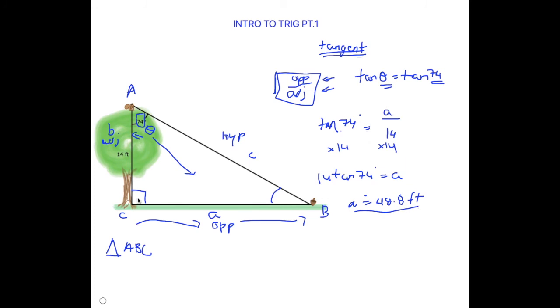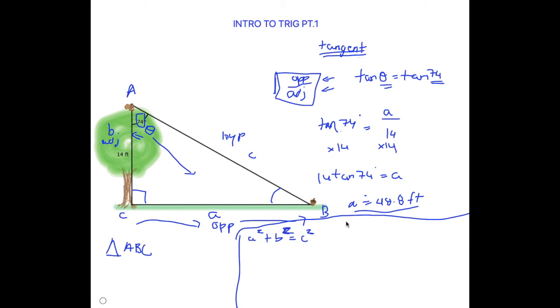If we know that this is 48.8 and this is 14, how can we solve for the hypotenuse? Well, as we previously knew, we could use the Pythagorean Theorem. So we know the Pythagorean Theorem is a squared plus b squared equals c squared.